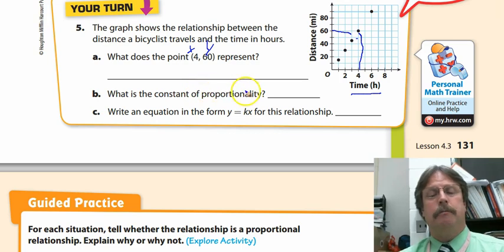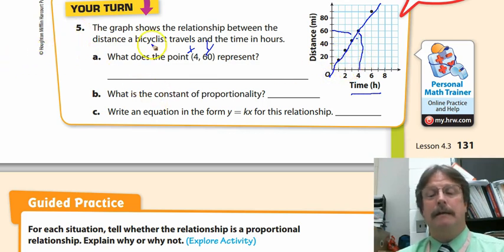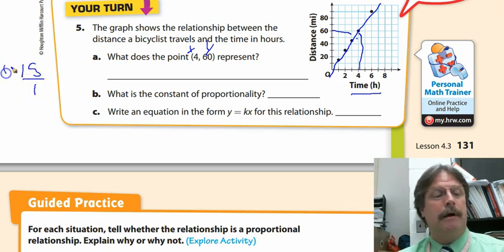What is the constant of proportionality? Well, if you take a look, it looks like it's all a straight line. It looks like it goes through the origin, okay? So you have 1 at, that kind of looks like 15, okay? So you create your own table. So there's 15 over 1. I'm going to put my y on top, my x here.